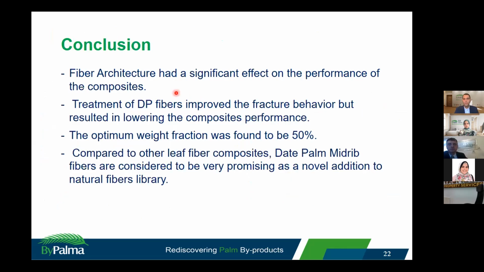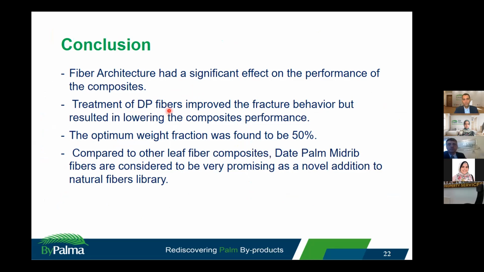Finally, to conclude, we can say that the fiber architecture had a significant effect on the performance of the composites. So if we want to introduce date palm fiber composites in structural applications, then the unidirectional would be a very good choice. But for non-structural applications, it would be a good choice to use the non-woven as it has faster and cheaper production.